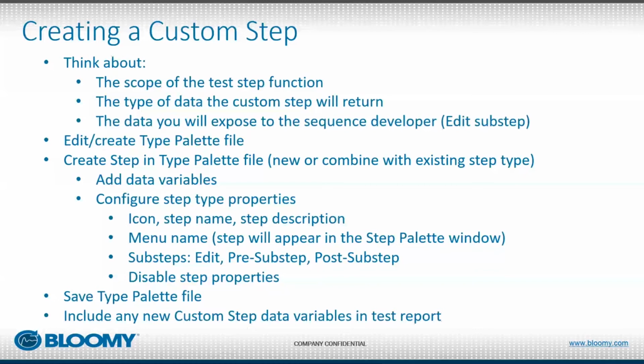And then finally, another important thing to think about is what is the data you're going to expose to the sequence developer. Going back to the DMM, or any custom test step that's going to interface to an instrument, typically when I've developed these, the handle for the instrument that we pass along when interfacing with the instrument is something you probably don't want to expose to the sequence developer.